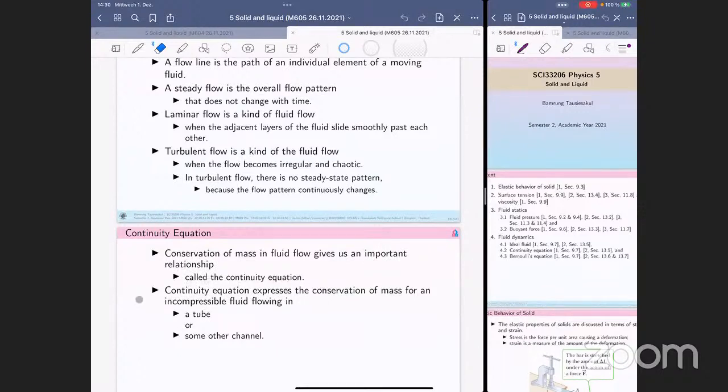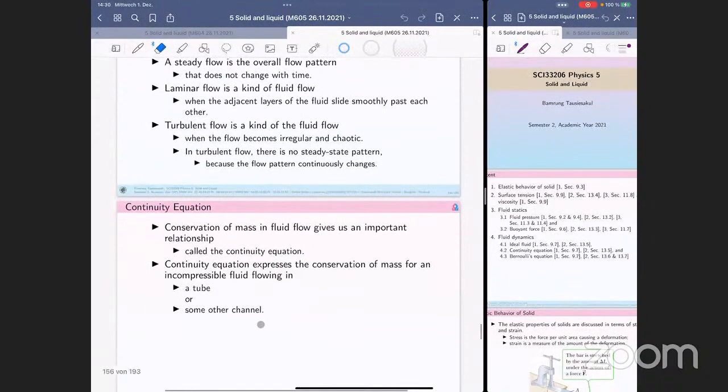The continuity equation expresses the conservation of mass for an incompressible fluid flowing in a tube or some other channel, in a fluid pipe, fluid hose, whatever type of device the human uses.